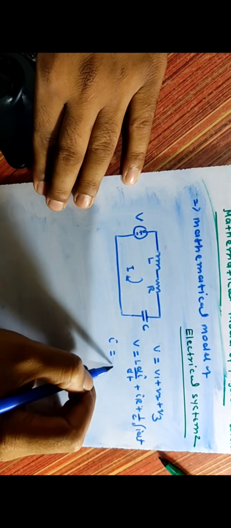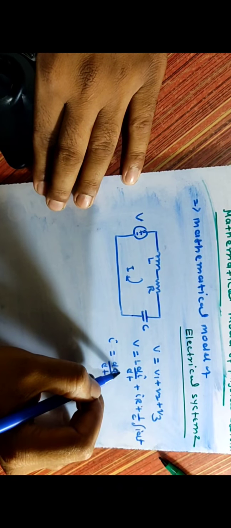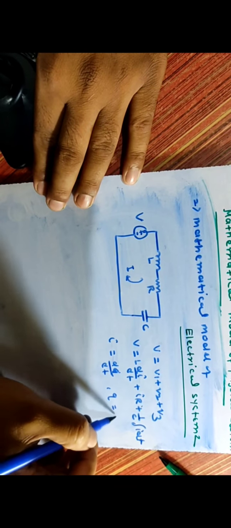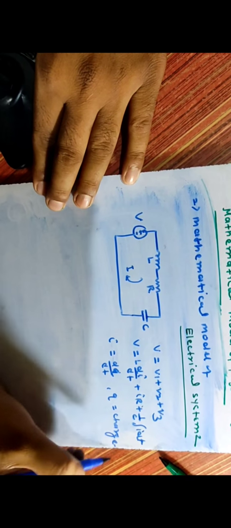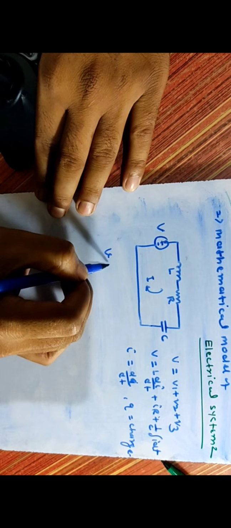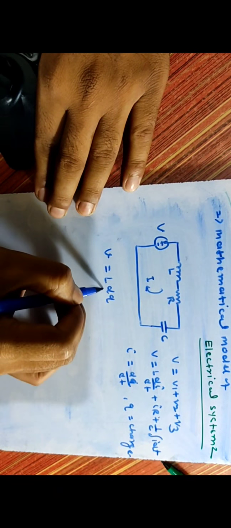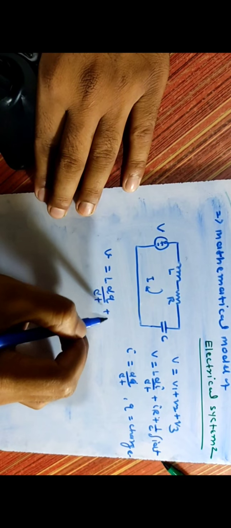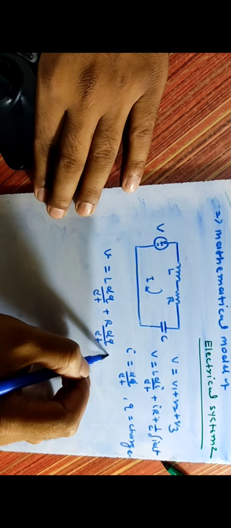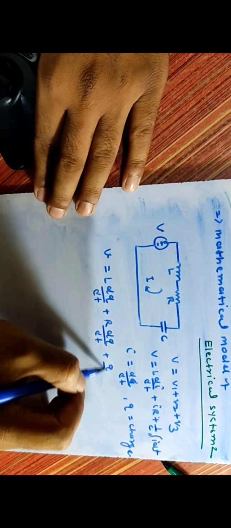I is equal to dq/dt, where Q is charge. So this equation may be written as L d²q/dt² plus R dq/dt plus q upon C.